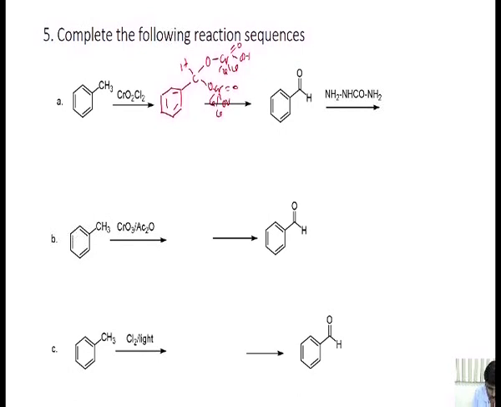When you react toluene with chromyl chloride, you will form this chromium complex. When you do hydrolysis, it will be converted into aldehyde. This is known as the Etard reaction.